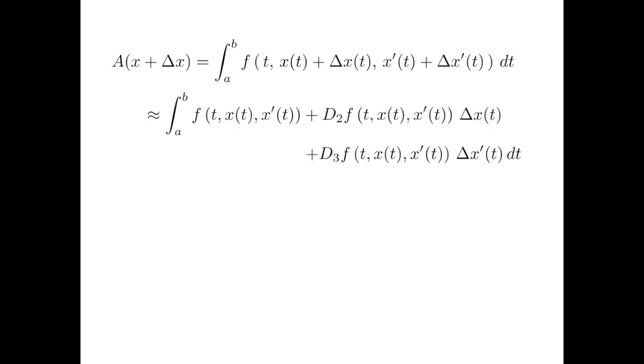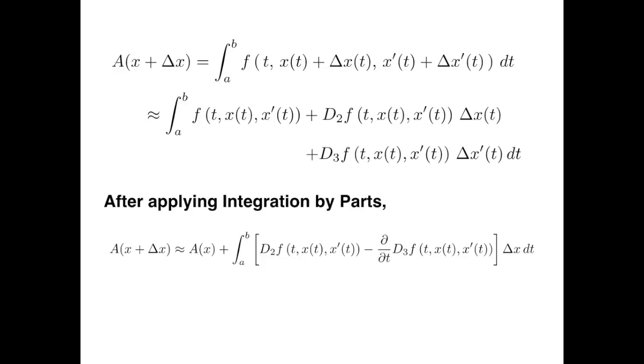And I should note that delta x is restricted so that the endpoints, delta x of a and delta x of b, are both 0. So how do we convert this delta x prime into a delta x? Well, you use a very common trick for doing so. You apply integration by parts. And when you do that, we get this expression.